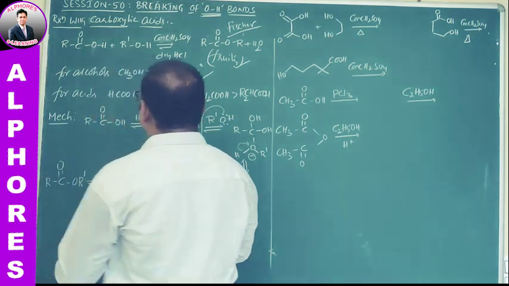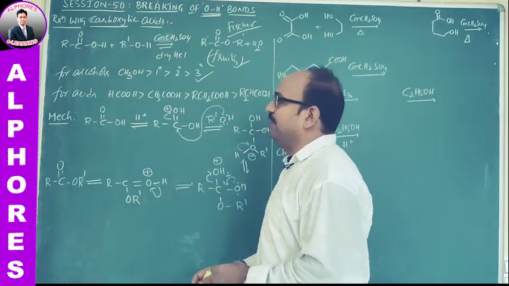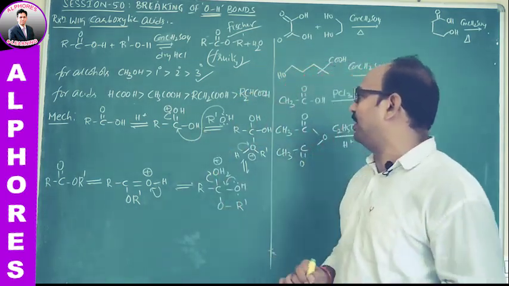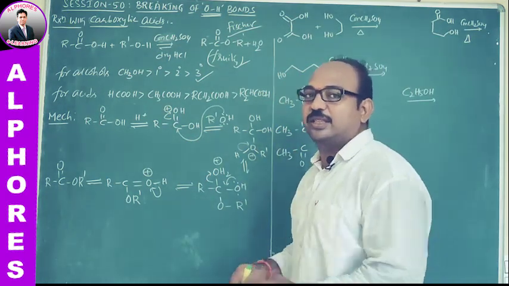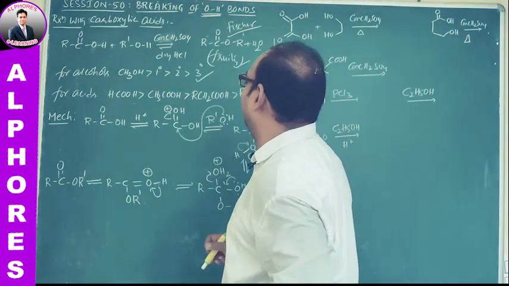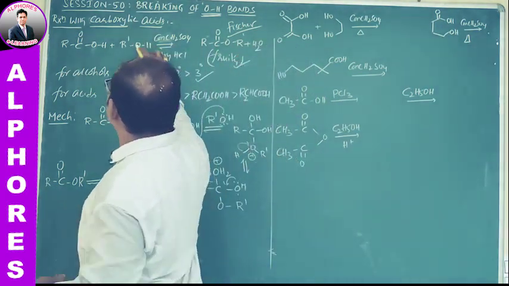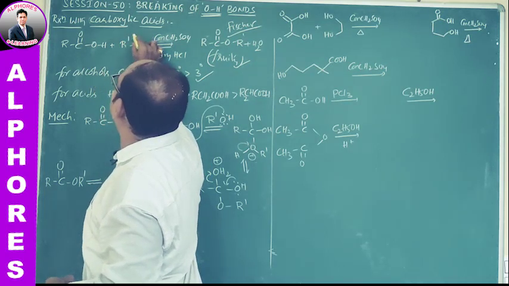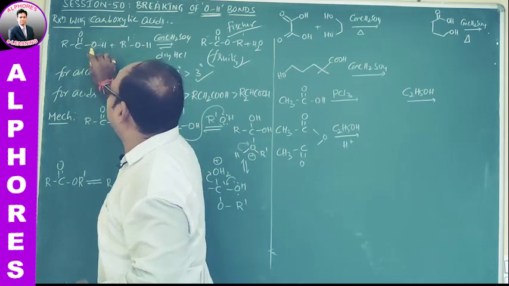This mechanism we can confirm by keeping an O18 isotope label, so we can understand very easily which bond is going to break and which bond is not. Generally there are two possibilities: breaking the R-O bond of the alcohol and the O-H bond of the carboxylic acid.